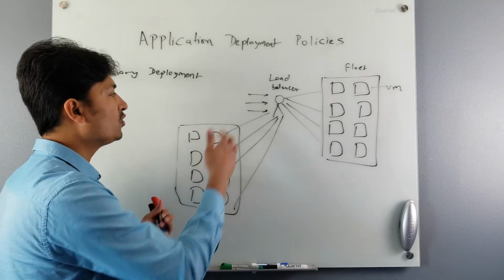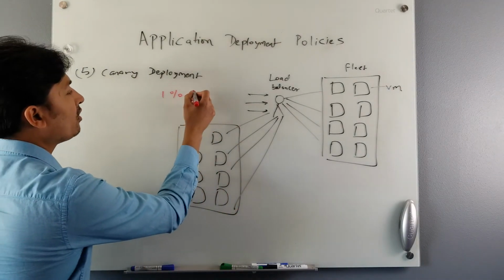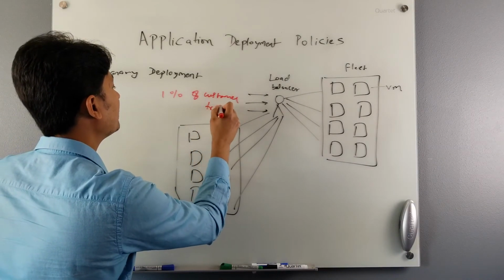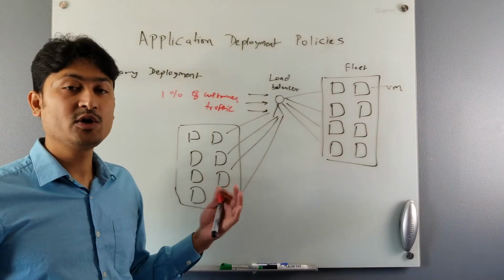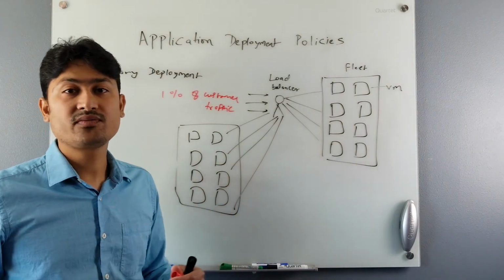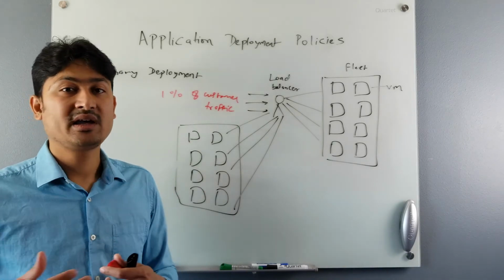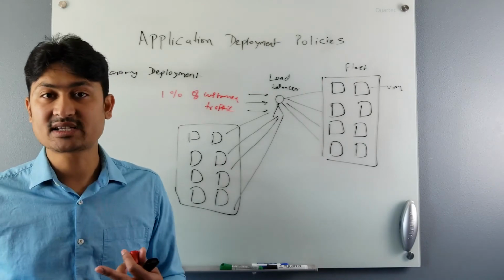Once you forward 1% of customer traffic, you analyze your newer application version: is there any service bug or issue, any memory leak, any spike in the response time, any hit in the success rate.